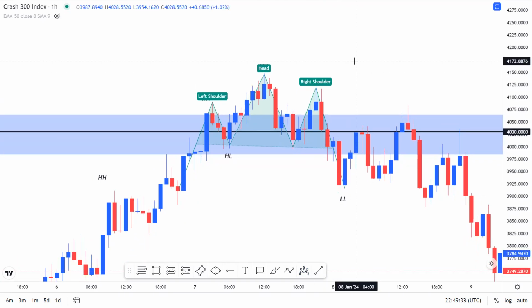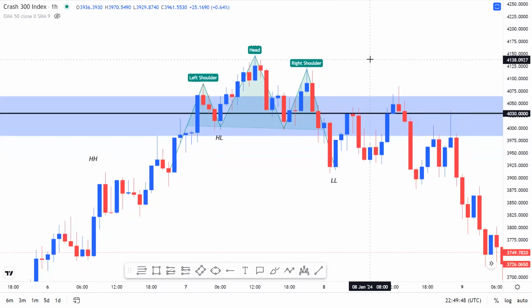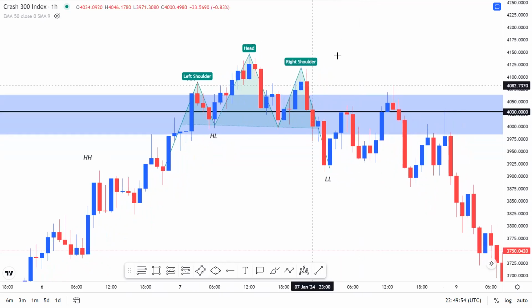So you can see the confluences that are stacking up right here at our daily time frame area of interest, giving us even more convincing reasons why the selling from this level is a no-brainer.